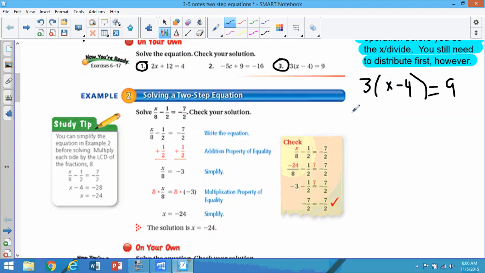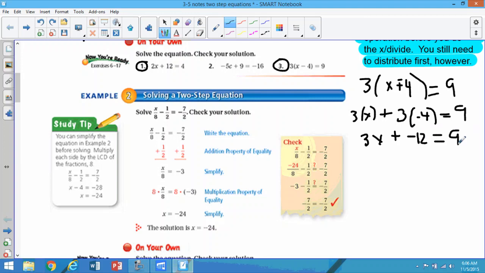So you're going to distribute the 3 over the x, and then I'm going to turn this into plus a negative, and you're going to distribute the 3 over the negative 4, and that would equal your 9. 3 times x is 3x, plus 3 times negative 4 is negative 12, and that still equals 9.